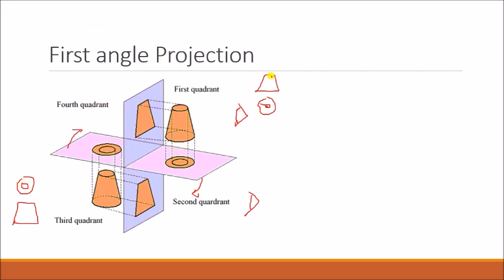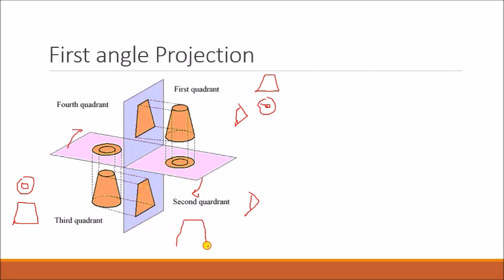For your exam or for your syllabus, you have only first angle projection, that is first quadrant. Clear guys? Here you also have two other quadrants, the second and fourth, which are not used. Why? Because when you close this, your front view and top view collapse into one another.